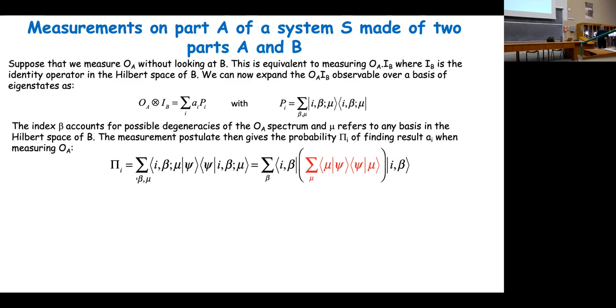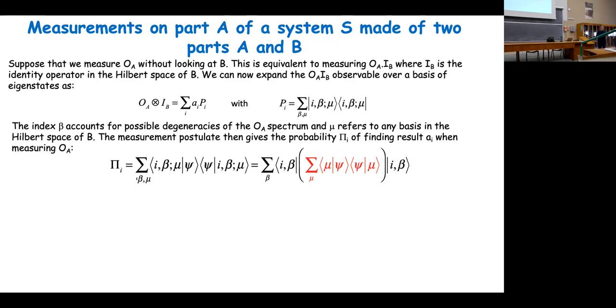You have a double sum. You have to sum over the possible degeneracies inside A, and you have to sum over a basis on B because you don't make any measurement on B. So I call beta the parameter which labels the eigenstates inside the eigenspace I of OA, and I call mu any basis in B. And now I apply the same postulate.